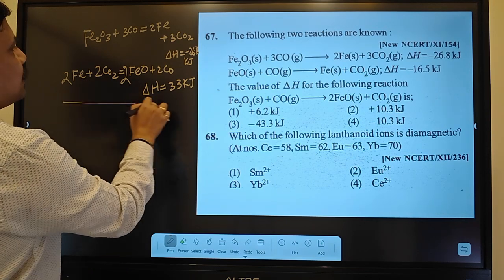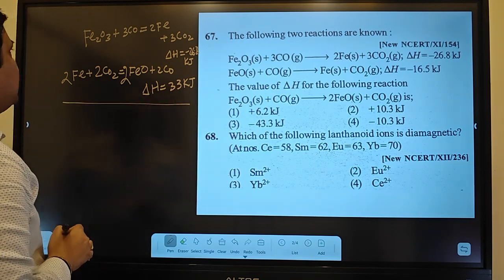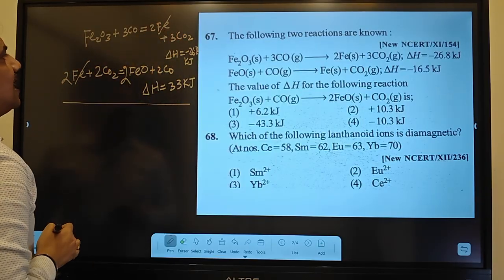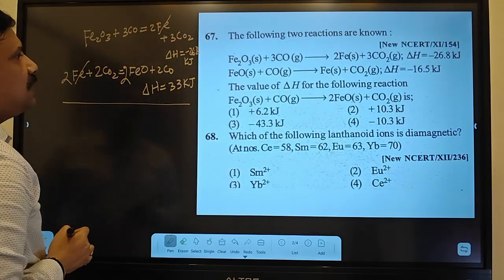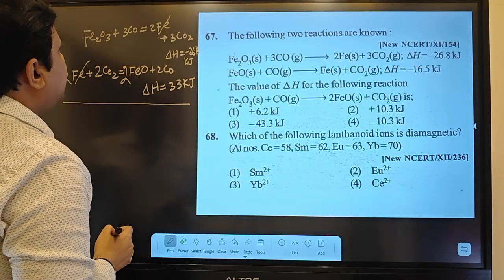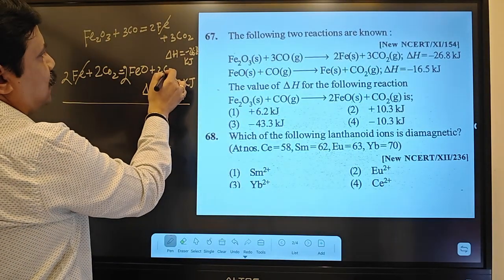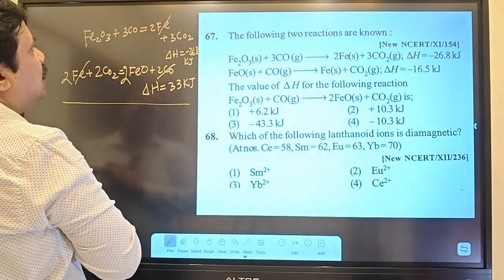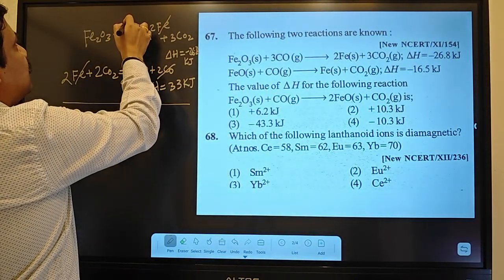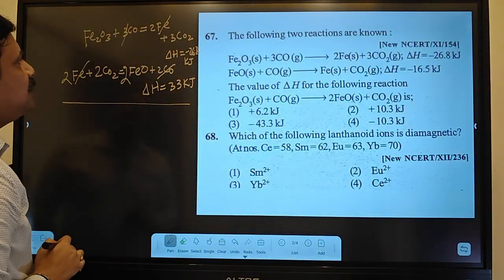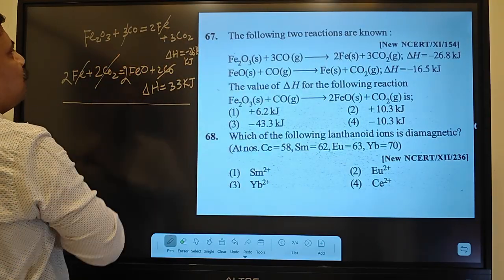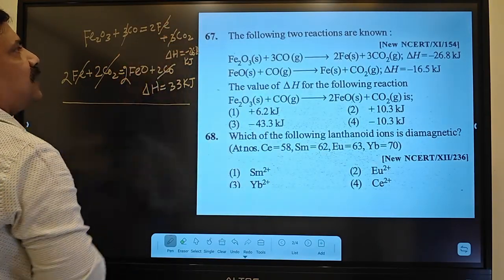What will I get? 2Fe will be cancelled out. And here, very clearly, this side you have 3CO, this side 2CO, so 2CO will be cancelled out and only 1CO will remain. And this side 3CO2, this side 2CO2, so 2CO2 cancel out and only 1CO2 will remain.